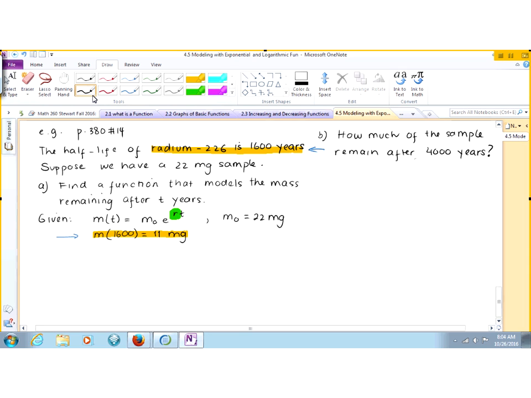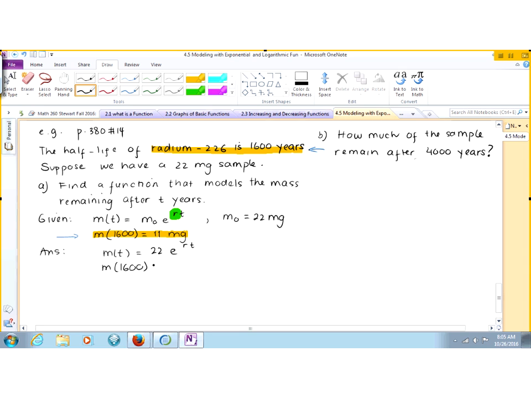Now let's solve for r. What you need to do is solve for r first, because I have M naught. So M of t is equal to M naught. I know M naught, don't I? It's 22 e to the rt.